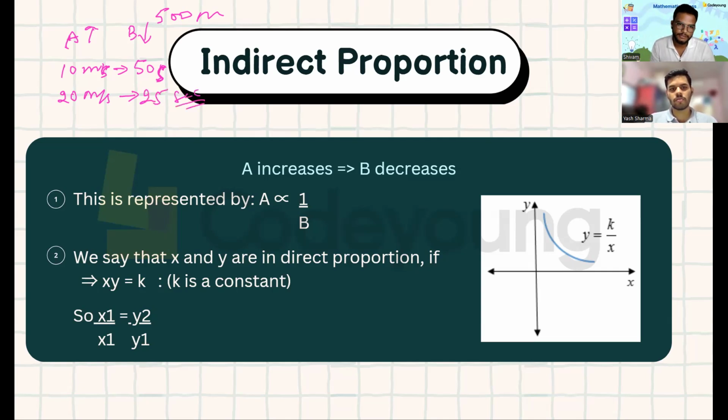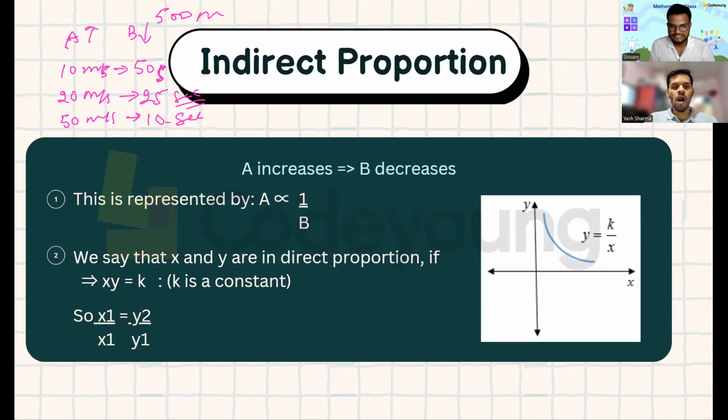Again, I am saying it is going to become 50 meter per second. Now tell me what is going to be the time taken now. Just divide 500 meters by 50 meters per second. 10 seconds. Right, so this is 10 seconds.